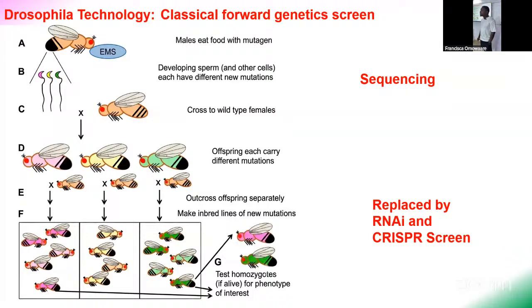But in flies, remember, you've got your hairpins that target your gene, and those hairpins need to be under the regulation of UAS. I'll show you that. UAS is one of the bread and butter of Drosophila research as well, and I'll show you what that is.